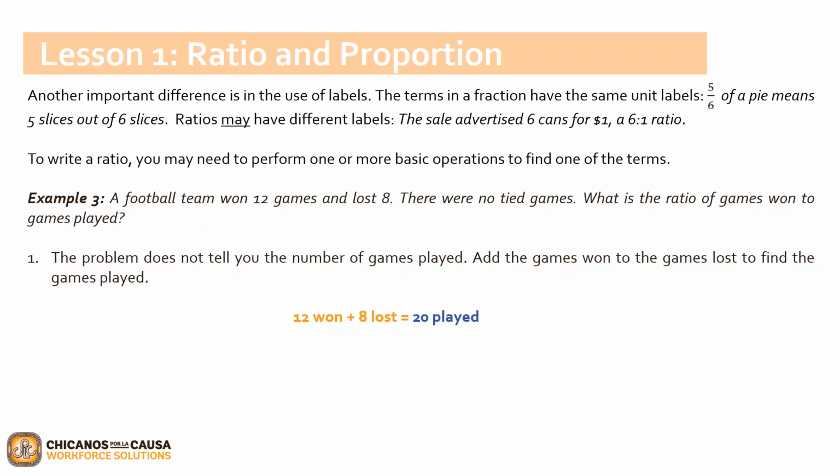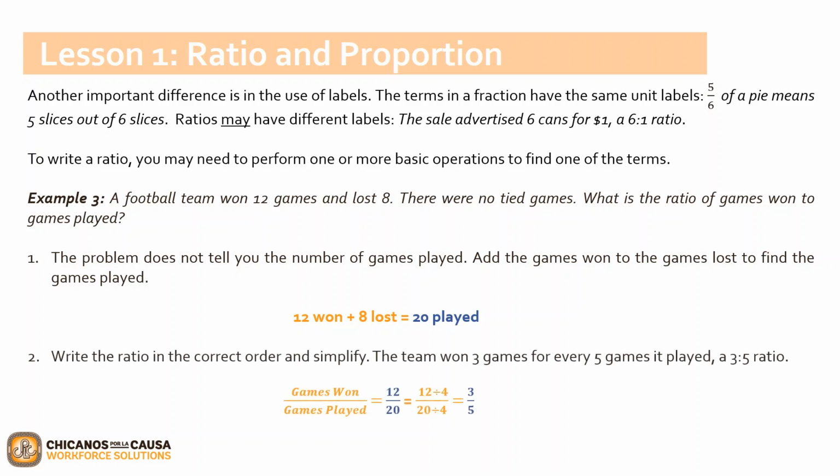So it would be 12 won plus 8 lost equals 20 played. Second, we'd write the ratio in the correct order and simplify. So we have in fraction form 12 out of 20, and we would divide it by 4, which would give us 3 over 5. And our answer would be the team won 3 games for every 5 games it played, a 3:5 ratio.